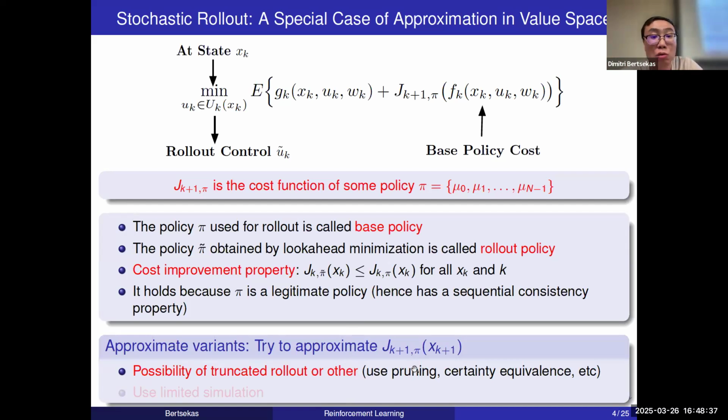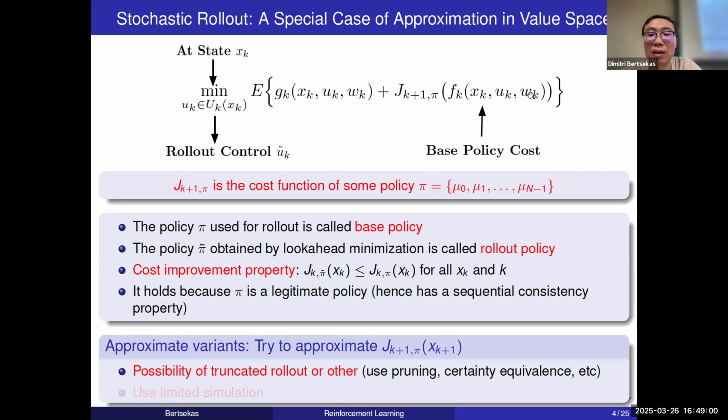Another possibility is to use pruning and certainty equivalence. Pruning here means that we may prune some of the random quantities along the way, or prune some of the u_k that we evaluate. And certainty equivalence is an important idea that we're going to talk about a little more later.